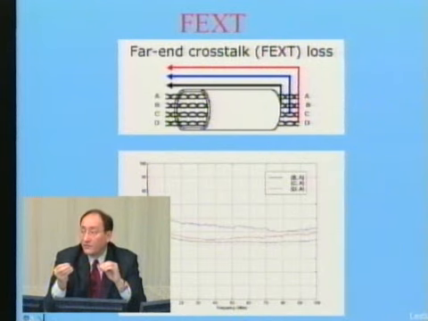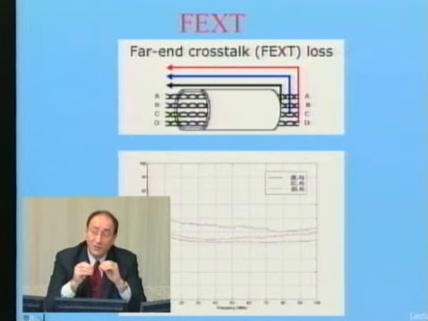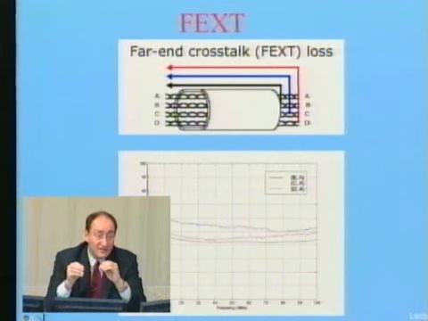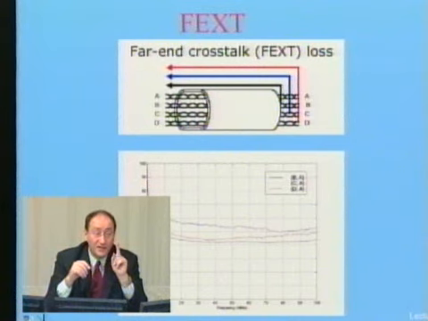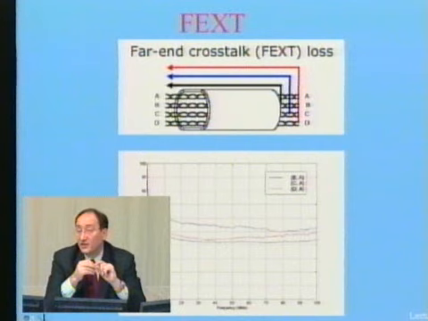The error rate that they want for gigabit Ethernet is 10 to the minus 10, which means out of every 10 to the power of 10 bits, only one error. To maintain that, you need a certain level of signal to noise ratio.